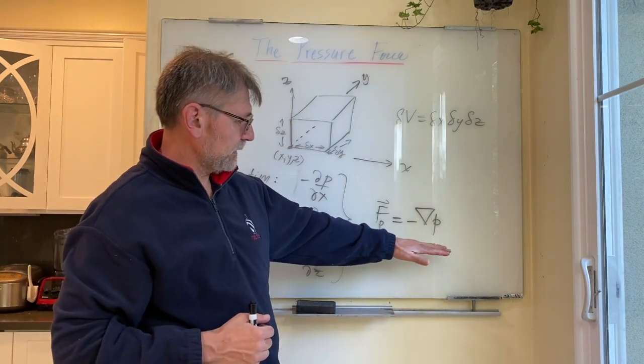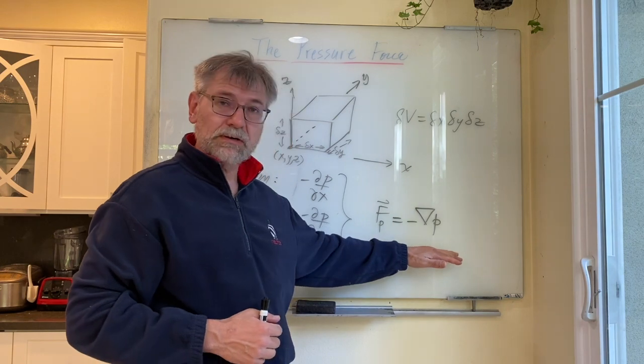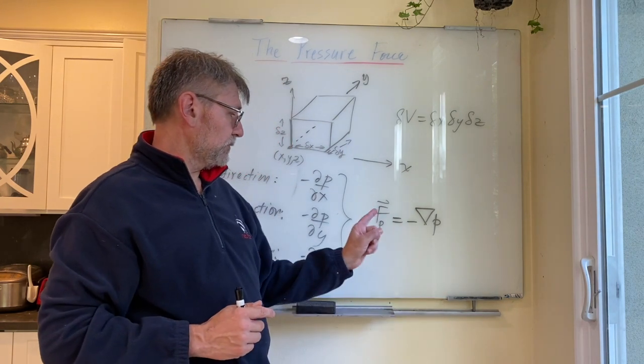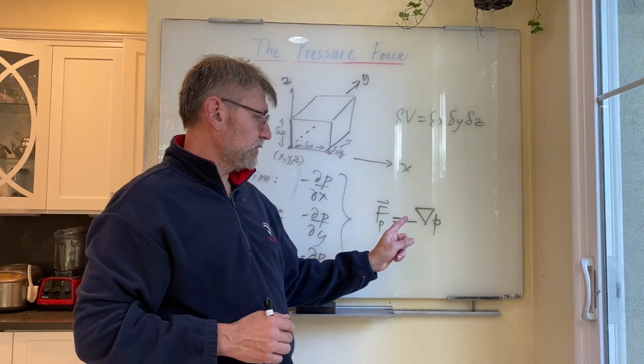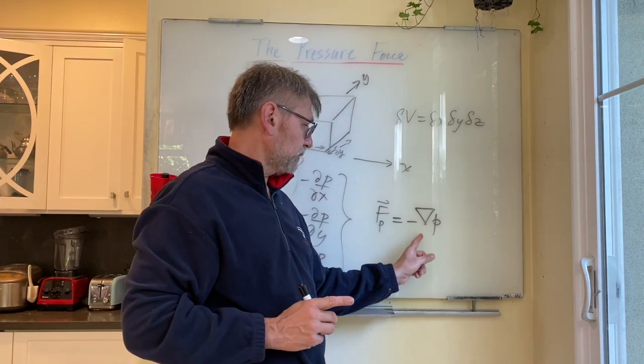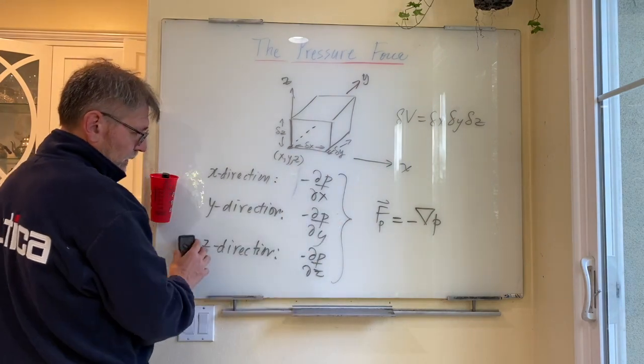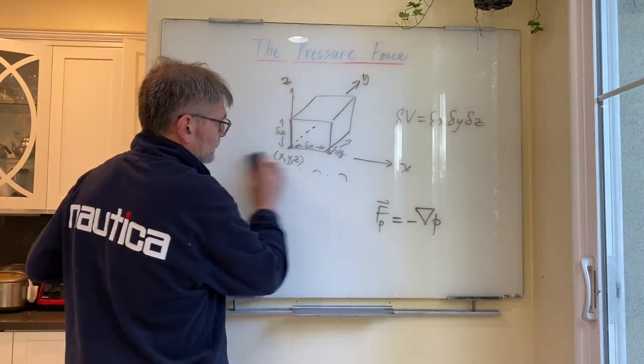So in fluid dynamics, we very often need to worry about the forces, and what we do is we use the pressure force, which is, remember, a force per unit volume, and we can check the dimensions of that, and we should do that. So let's check that it has the right dimensions.